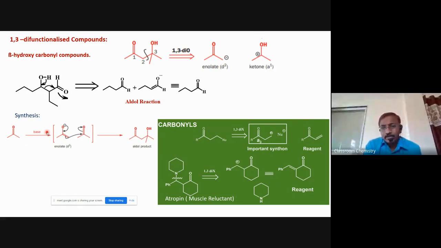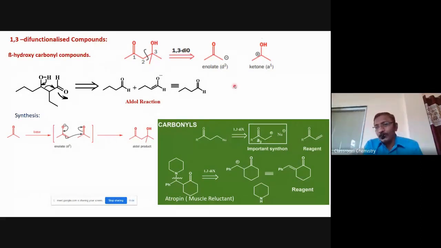Now it is a general example that when there is a carbonyl group at carbon number 1 and at carbon number 3 there is a hydroxyl group or any kind of functional group, it is called a 1,3 difunctional disconnection. When we disconnect this, it depends upon which functional group is present. If it is a nucleophile, that is a simple case for Michael addition, and then always this carbon gets positive and the nucleophile gets negative.